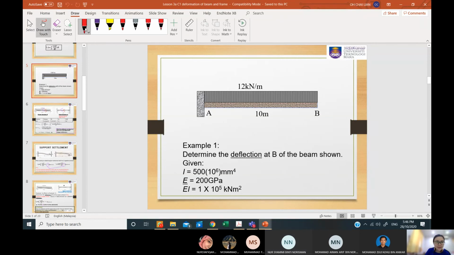Can you see my slide, Shamimi? Yes, I can see. Now I am referring back to the cut section for this beam. I am considering section BA, meaning that I only see this part. Now I need to put in all the internal forces here to draw my free body diagram, but now I concern on my moment only. To show you the moments, how to take these moments?